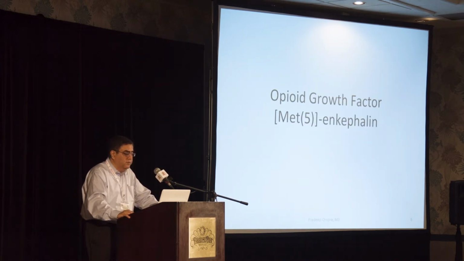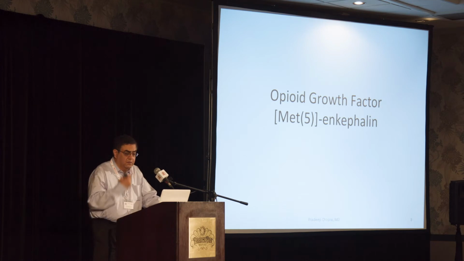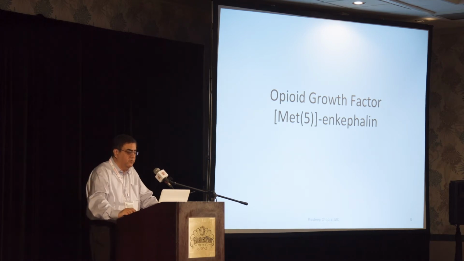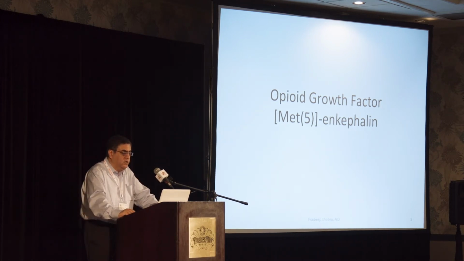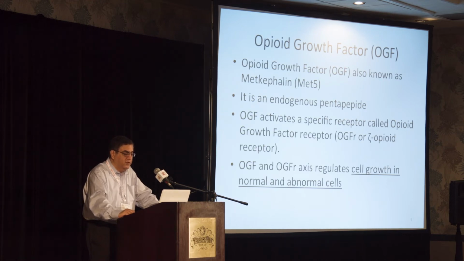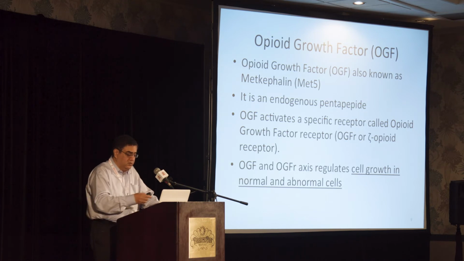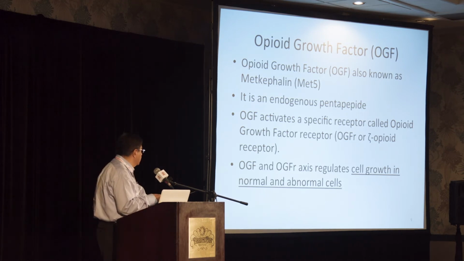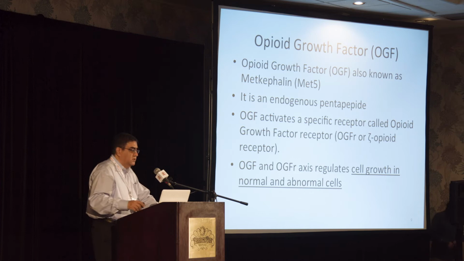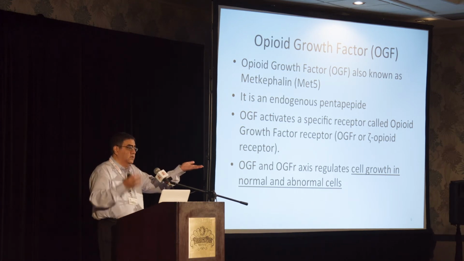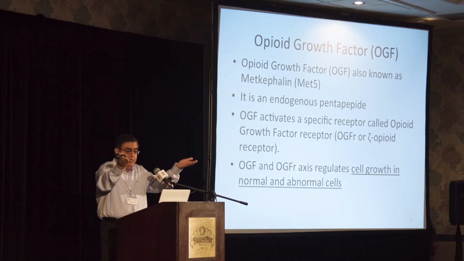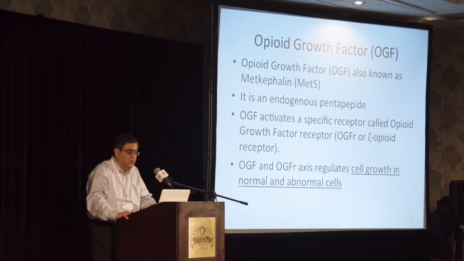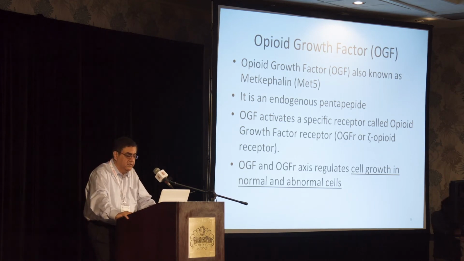I want to talk to you a little bit about the opioid growth factor. That's just a scientific name for it. The opioid growth factor, also known as the OGF, belongs to a group of compounds called metenkephalins. It is produced by the human body, and opioid growth factors work on something called the opioid growth factor receptor. The combination of opioid growth factor and opioid growth factor receptors regulates cell growth in normal and abnormal cells.